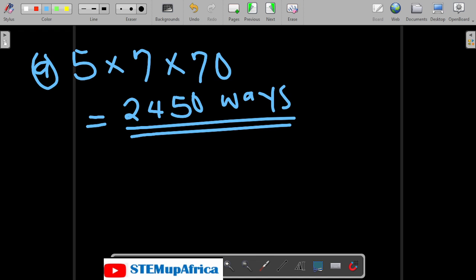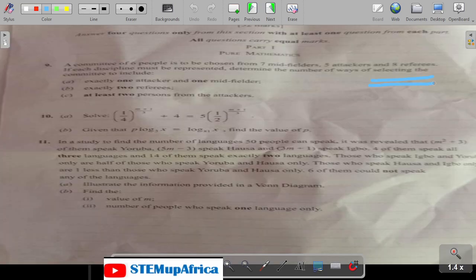So let's look at question B. Question B says exactly 2 referees from a committee of 6. We need exactly 2 referees. So how do we combine this?